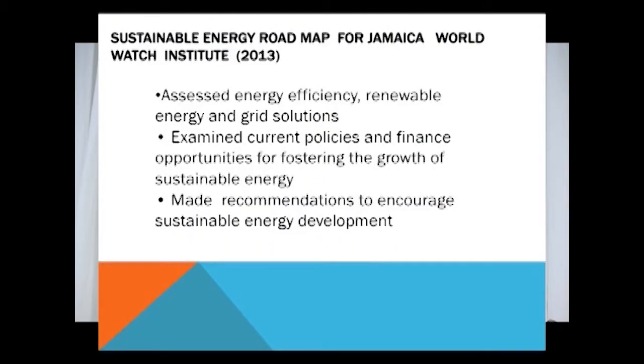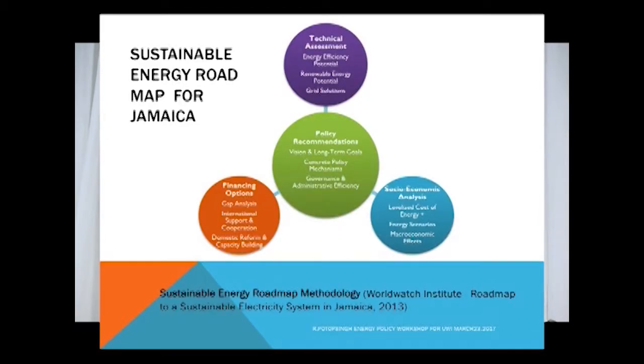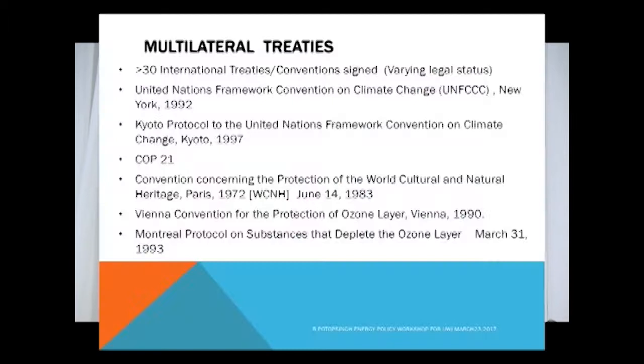So it makes for interesting reading. And they adopted this sustainability methodology, where they looked at the technical assessment, the financing options, the policy recommendations, and the socioeconomic analysis, and drilled down into each of these areas. This is something very similar to what Dr. Green presented as well.